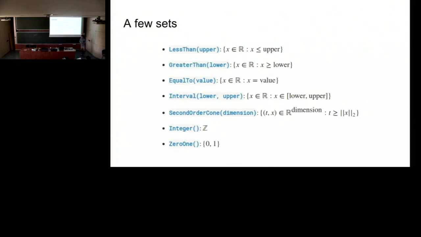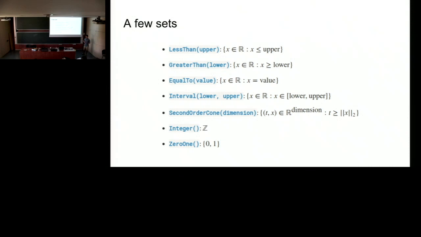Some of the sets that we came up with for the scalar valued sets, scalar input sets: less than, greater than, equal to, an interval. Second order cone is a vector valued set. The set of integers, the set 0, 1.